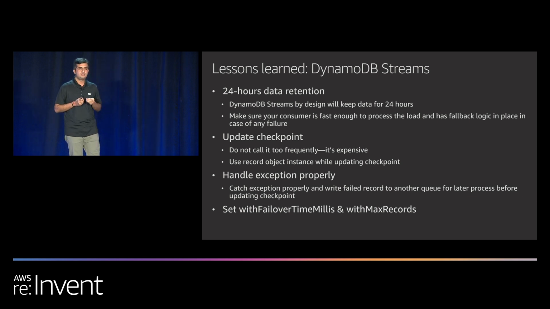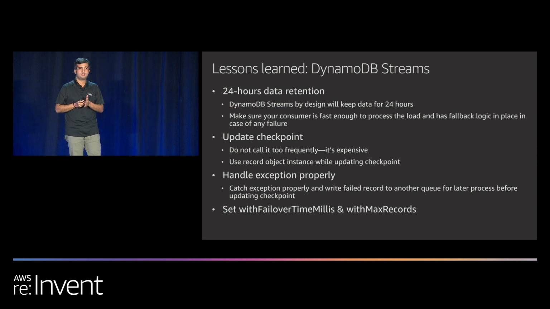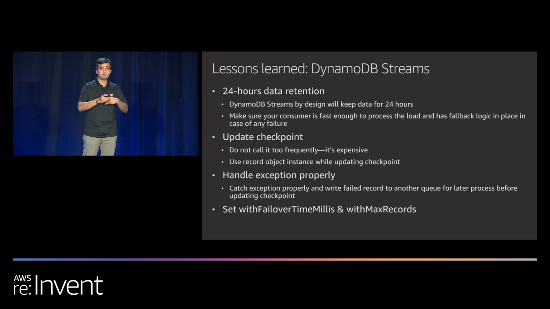KCL will think that you are trying to increment the checkpoint for all those 500 records. So if that call is successfully executed and your service goes down, when it comes back, KCL will give you the records from 501. So basically you are losing the data for those 400 records. So make sure you always pass the instance of the record up to which you are trying to increment the checkpoint.